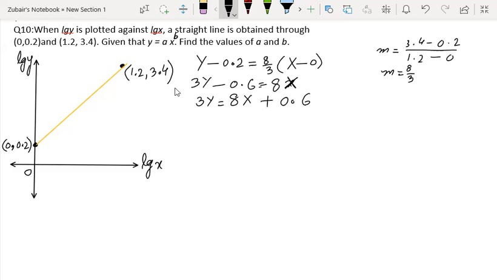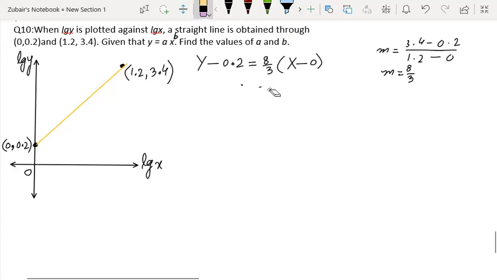But one thing is, we should keep it in the form y equal to mx plus c, so we should remove this just to keep it in that form. So this will become y is equal to 8 upon 3 x plus 0.2.